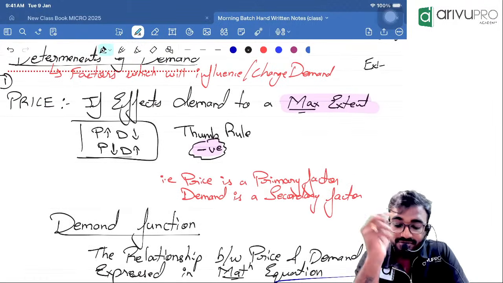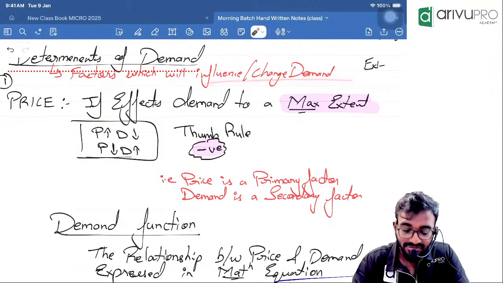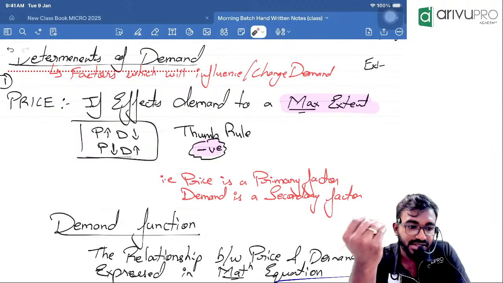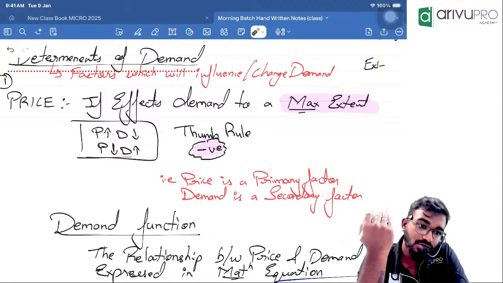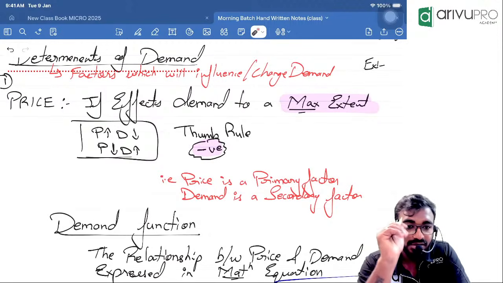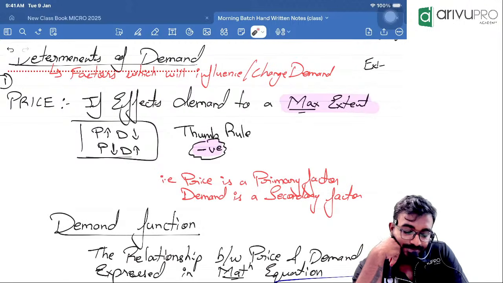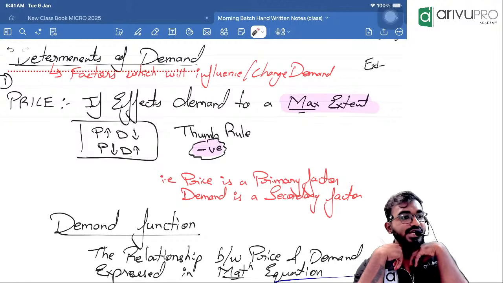By the way, write down the meaning of determinants also, otherwise later you may forget. Factors which will influence or change demand. See, when I say change, either prices may go up or prices may come down, and demand may also go up or come down. So basically, we are understanding the demand factor.